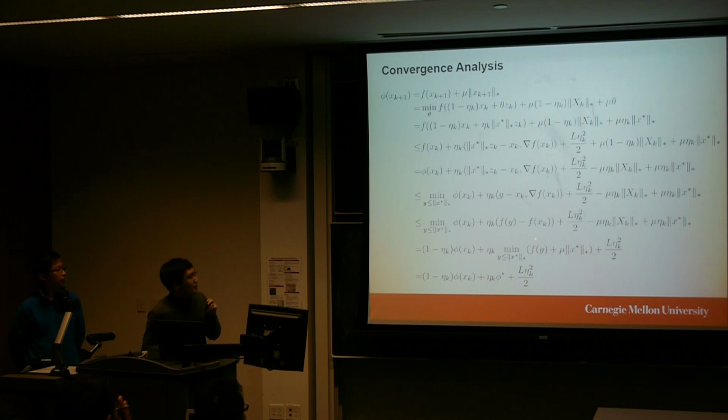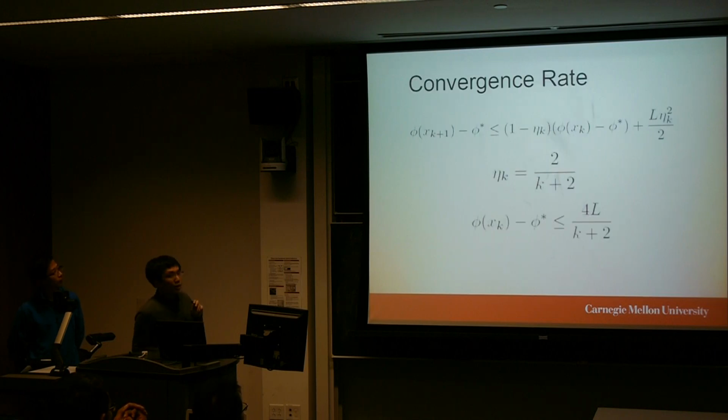It's nothing but the optimal objective value. So finally, we have phi at x k plus 1 equal to this one. After that, we rearrange our terms and get this relation. We know that the step size is 2 over k plus 2. Then by simple induction, we will have this rate.